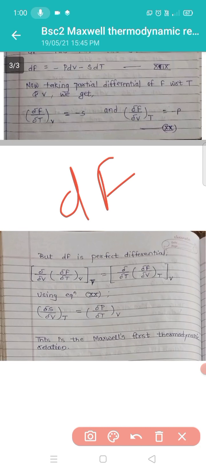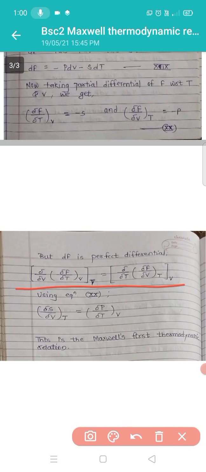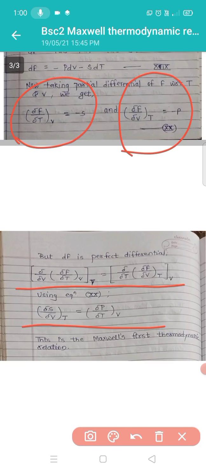Now we get the equation ∂/∂V of (∂F/∂T at V) at T is equal to ∂/∂T of (∂F/∂V at T) at V. Putting the values of these two in the equation, we get (∂S/∂V) at T is equal to (∂P/∂T) at V. This is the Maxwell's first thermodynamic relation.